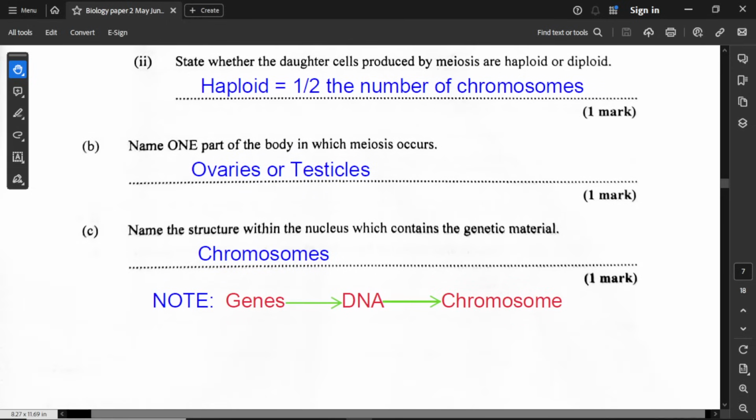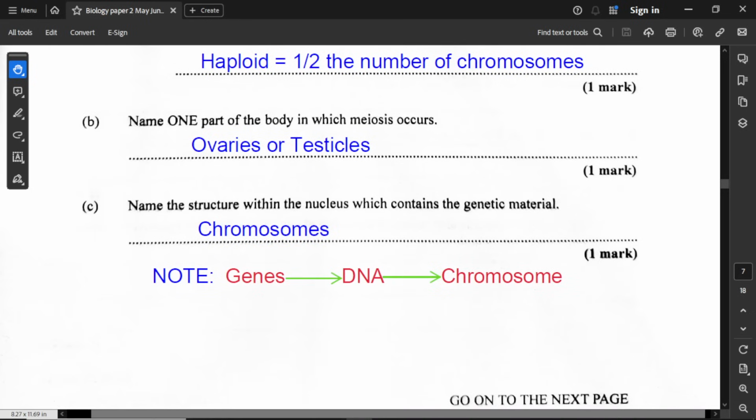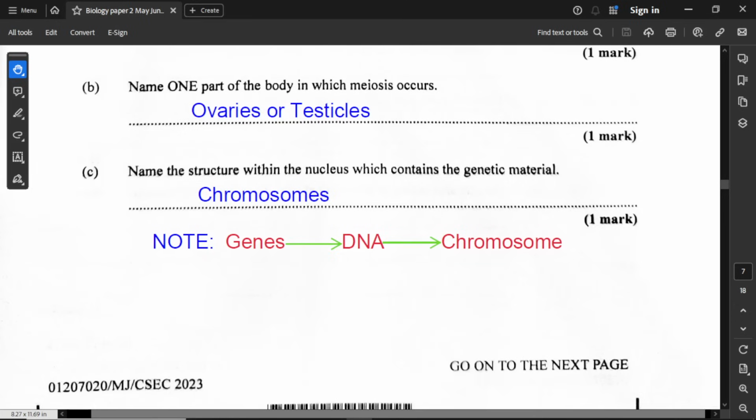Now for part C, it's to name the structure within the nucleus which contains the genetic materials, and this will be chromosomes. Chromosomes contain the genetic materials. Just a point to note right here is that genes make up DNA, while DNA makes up chromosome.